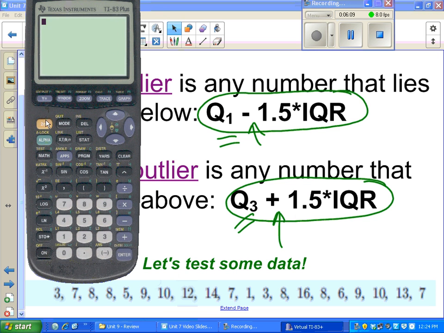So remember, you go to stat, not second stat, just stat, and then you want to edit, and you want to put those numbers in the list.